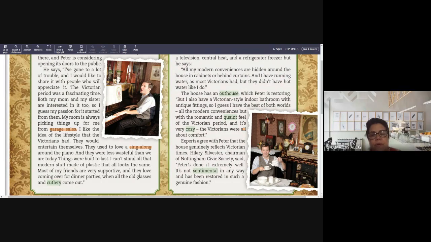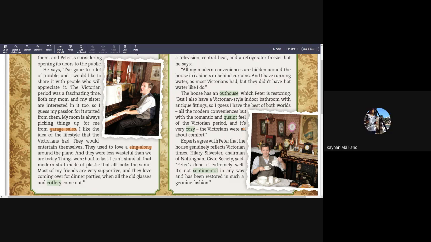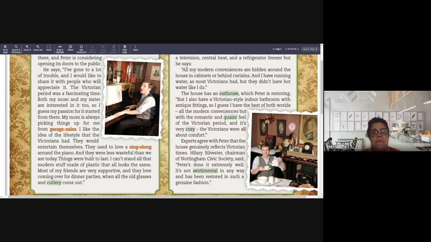Does anybody know? Is it a house that is in the back of the main house? An outhouse, people, is a bathroom that is outside the house. It's something that was very common in the past.